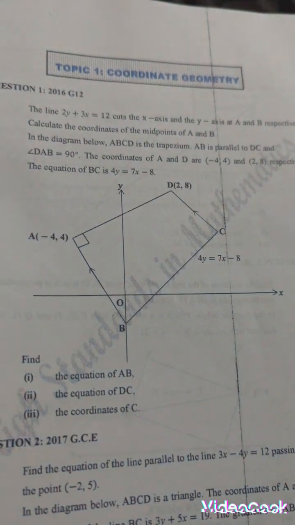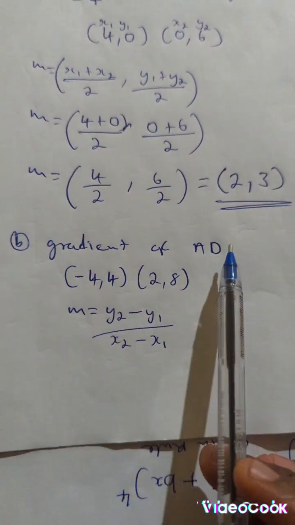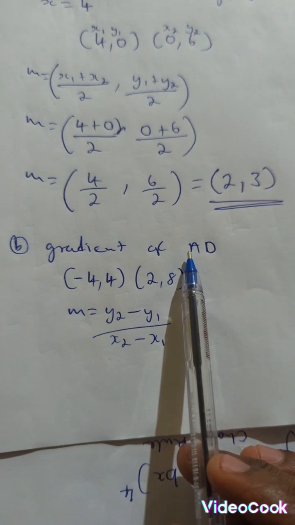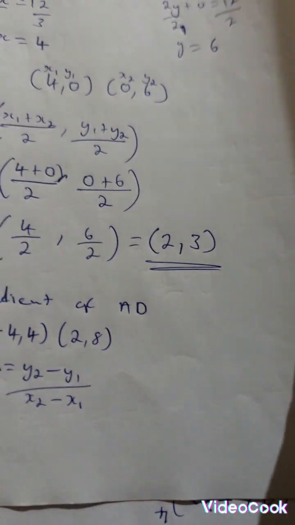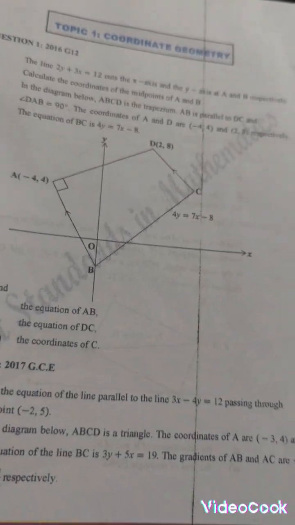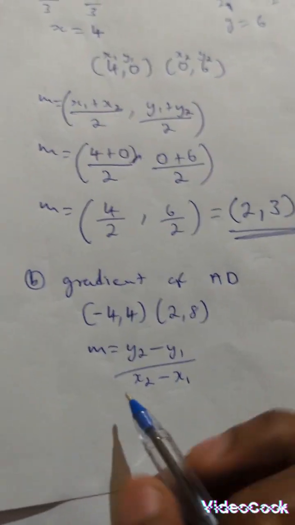We are going to find the gradient of AD, because we have said AD and AB are perpendicular.